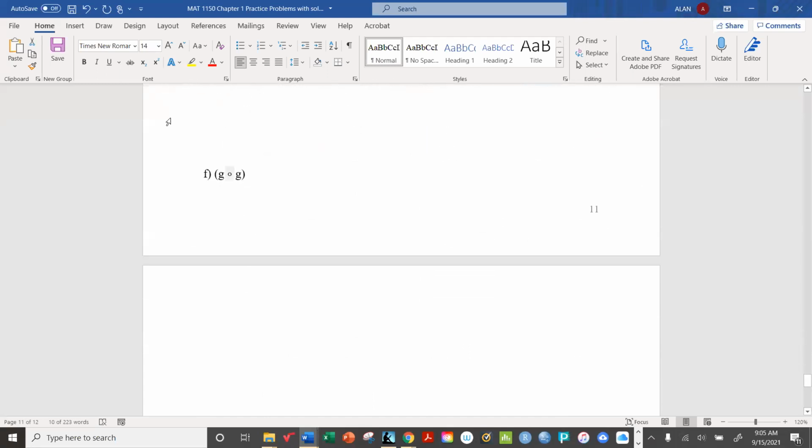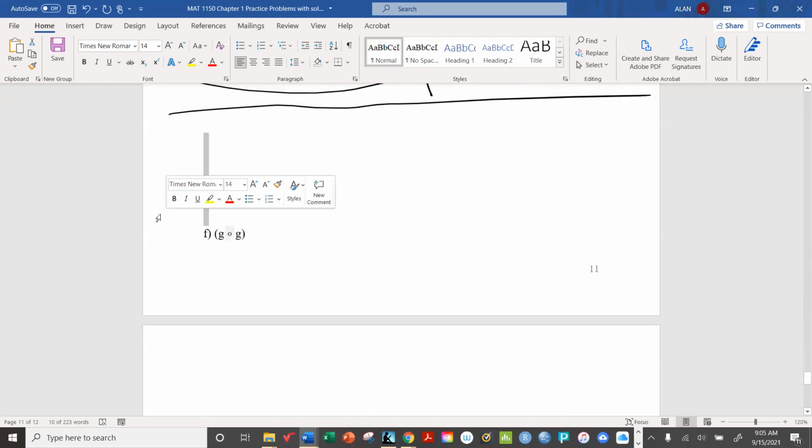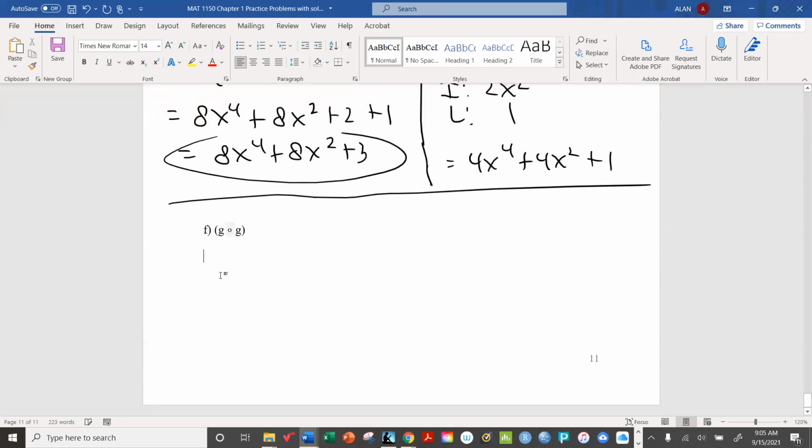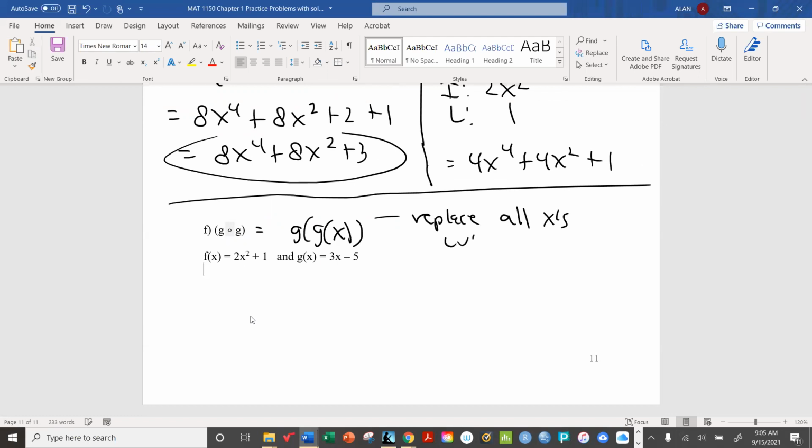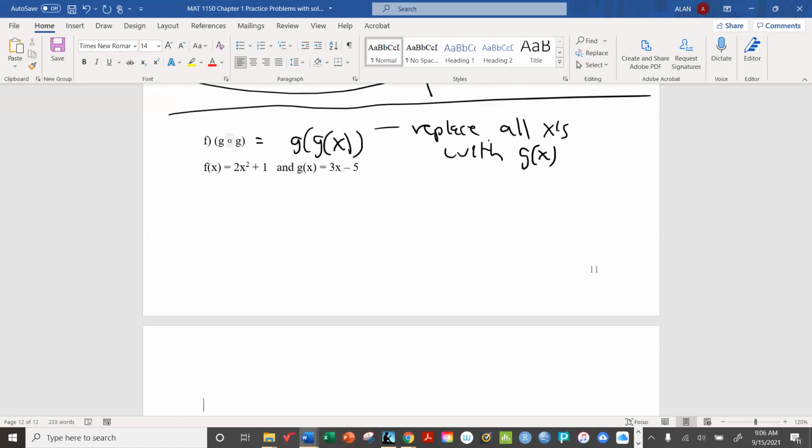Now, what about this one? Well, based on the same logic, this one must be g of g of x. So you replace all x's with g of x. All right, so g of x is 3x minus 5.